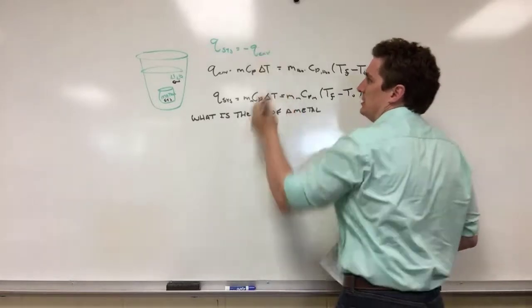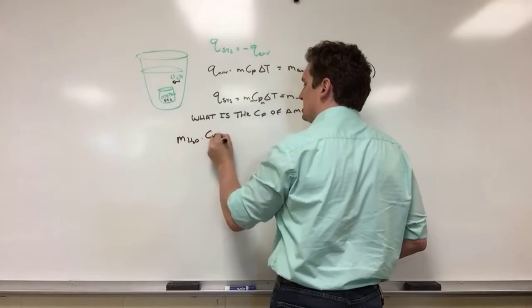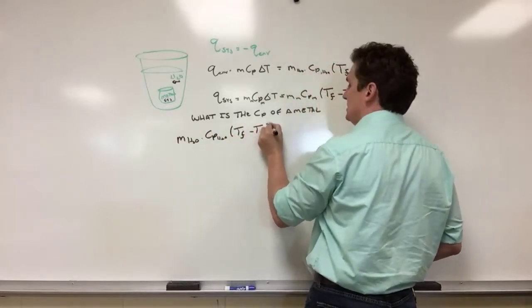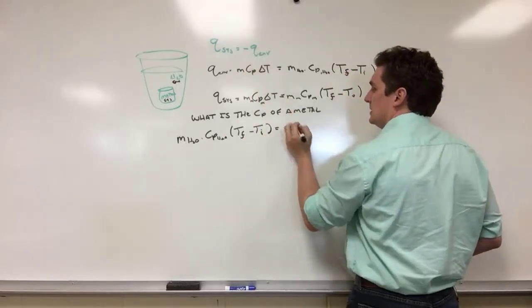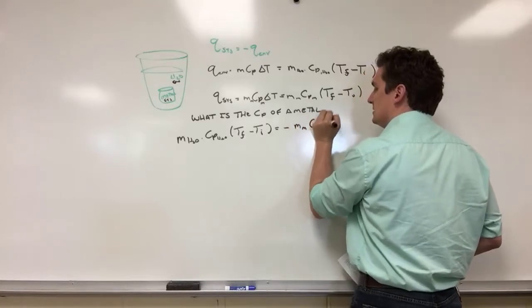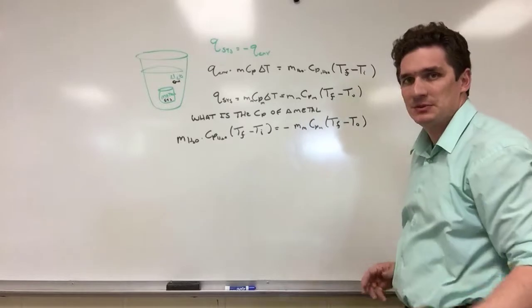We know these are related through a negative relationship, so we get the mass of the H2O times the heat capacity of the water, T final minus T initial, equals the negative of the mass of the metal, Cp of the metal, final temperature minus the initial temperature.